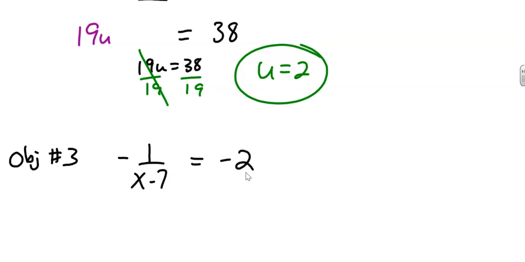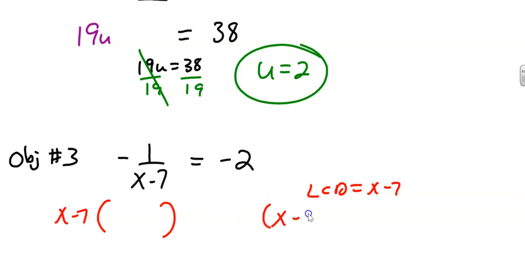But to me, it's still that same thing that you're going to do here. Now, this one, you only have one denominator, right? So if that's your one denominator, you're just going to multiply by x minus 7. So we'll take this side and multiply by x minus 7, and we'll take this side and multiply by x minus 7. This one's short enough we can just rewrite it.